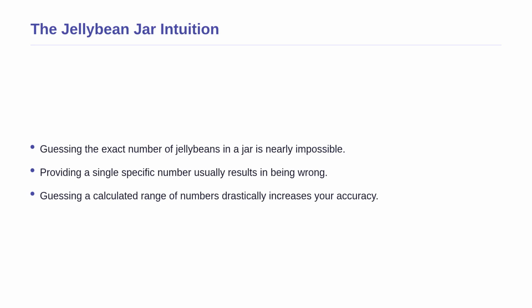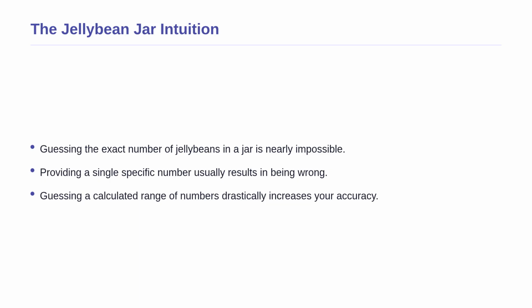To understand why we need confidence intervals, let us start with a simple game. Imagine you are at a fair and you are asked to guess the exact number of jelly beans in a massive glass jar. If you give just one single number, like 542, you are almost certainly going to be wrong. Guessing the exact truth is incredibly difficult.